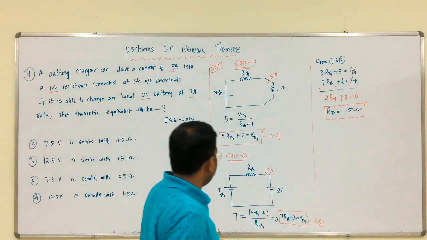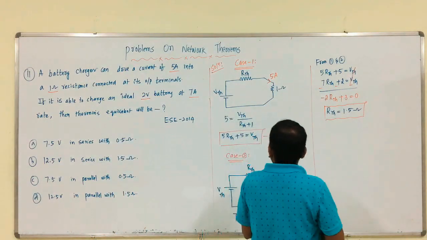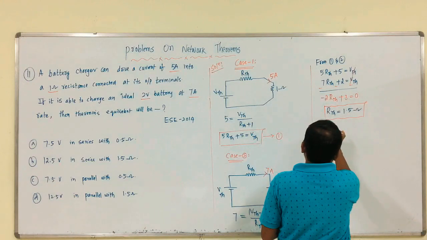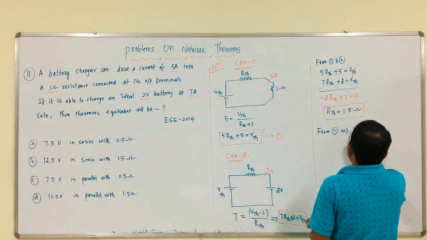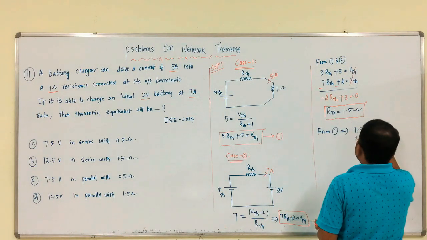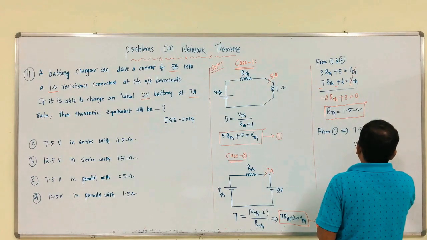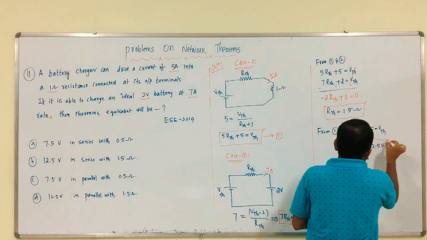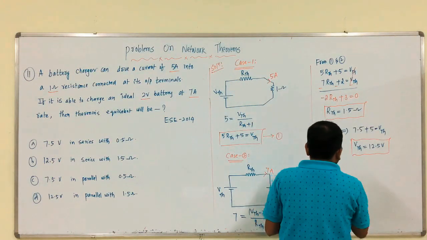Then substitute this RTH in any one of the equations. So from 1, 5 into 1.5, 7.5 plus 5 is nothing but VTH. Therefore, VTH is nothing but 12.5 volts. That is, finally, Thevenin's equivalent circuit is what?